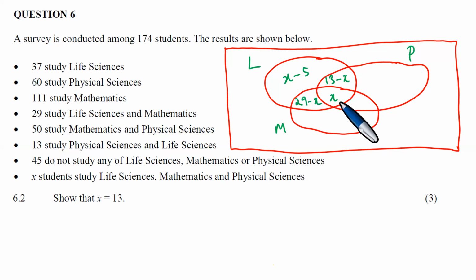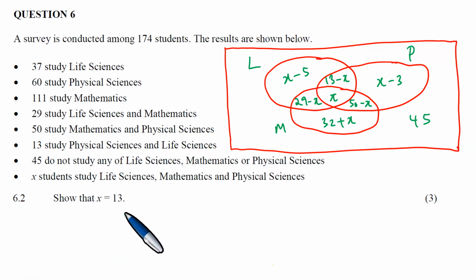This was 50 minus x. This was x minus 3. This was 32 plus x. This was 45. And we had this here. And this is all. So we need to show that x is equal to 13.